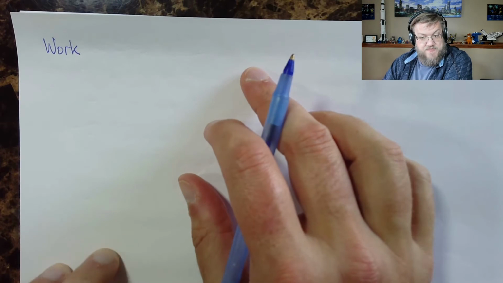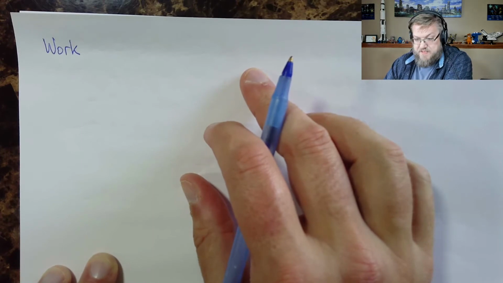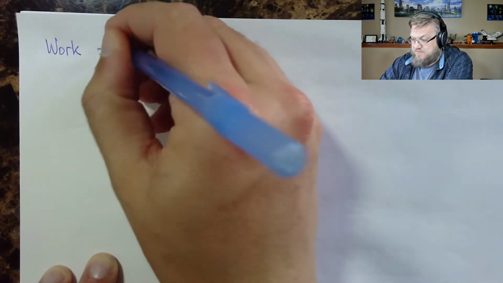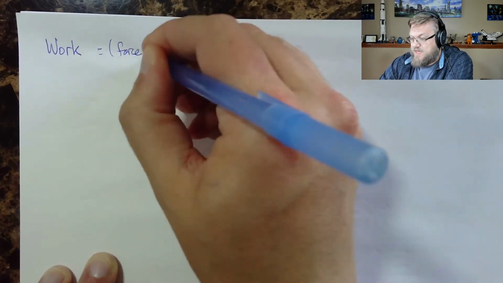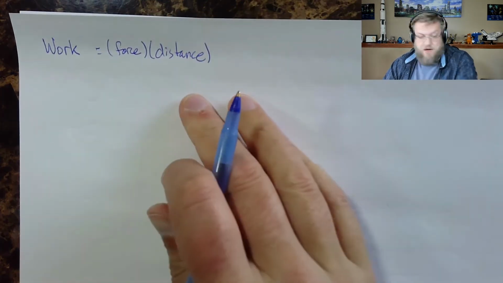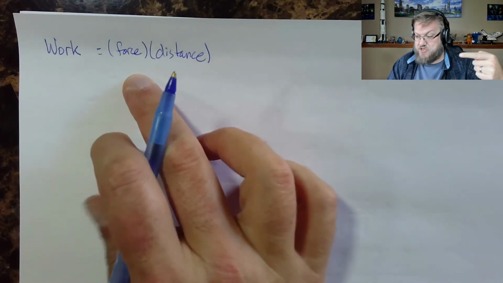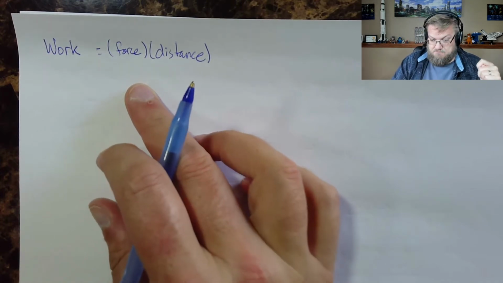Anyway, the work done by a constant force along a line of motion is F times the distance, right? So work equals a force times distance. Now, the problems up to now have basically been the forces acting in the direction of the motion of the object.